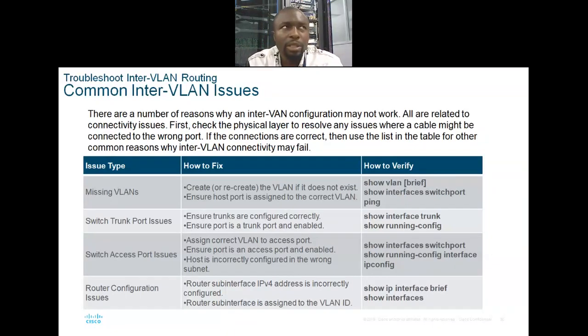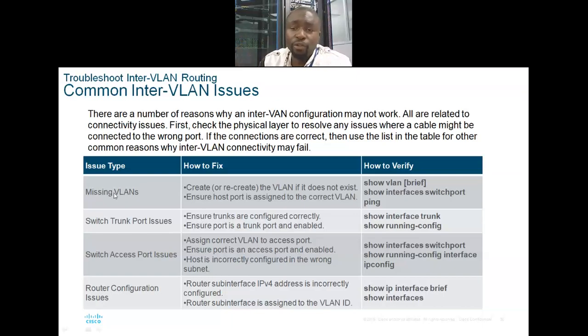Now, the ability of a network administrator to use the show commands very well is what will help him become a very good administrator and to resolve his problems quickly. So there are a number of problems that you can have. For instance, you might have missing VLANs. How do you know?